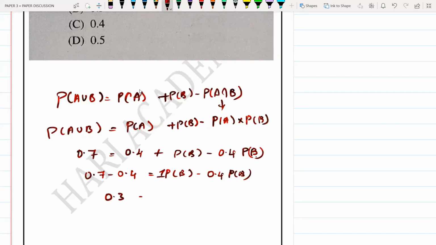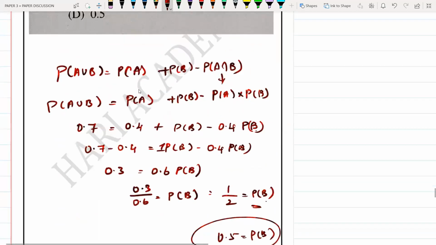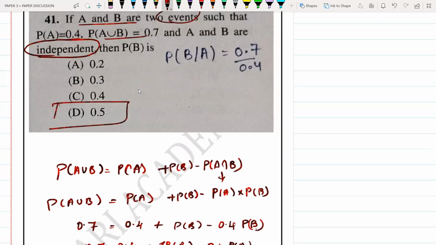So 0.3 is equal to 0.6 P of B. So 0.3 divided by 0.6 is equal to P of B. That is nothing but 1 by 2, which I can write as 0.5 equal to P of B. So my final value becomes option D is my answer.